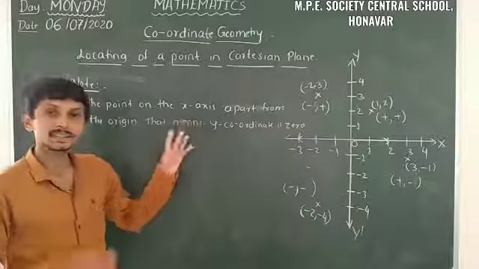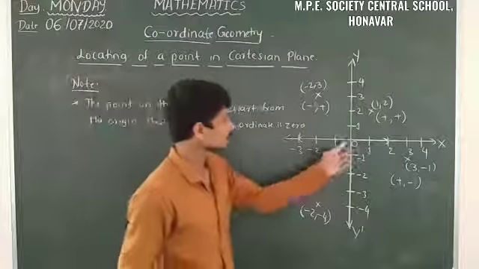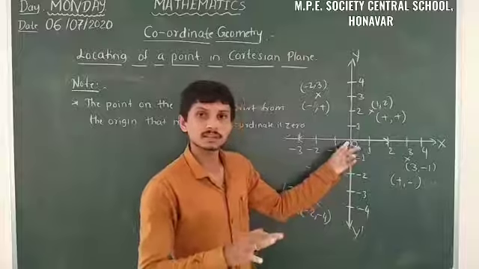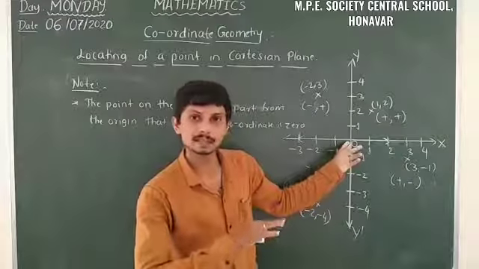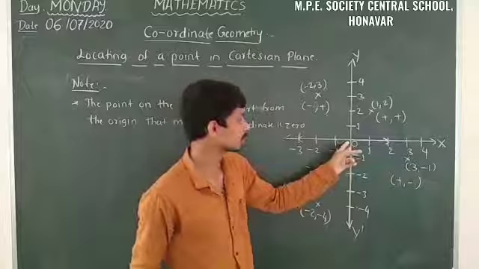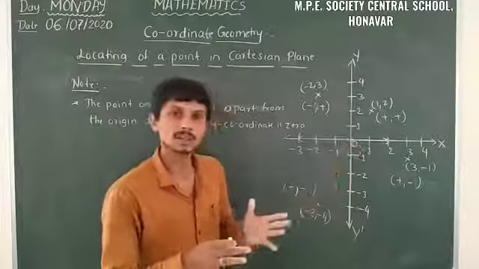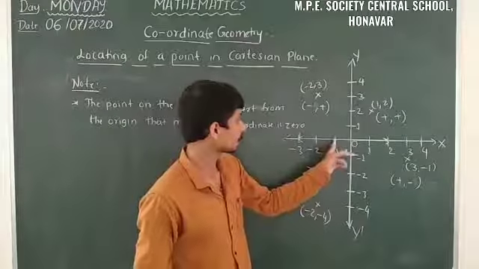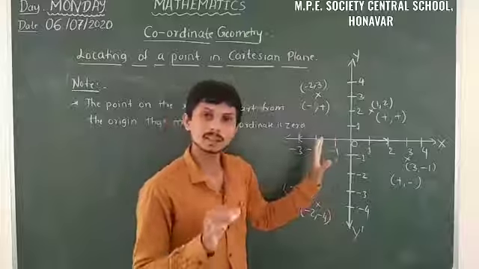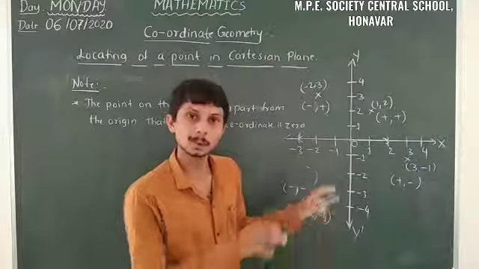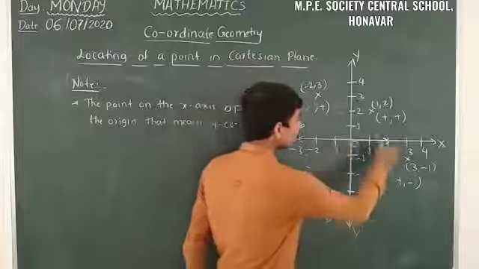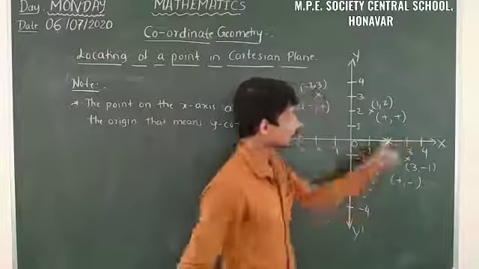The point on the x-axis apart from the origin, so we can't take the point at the origin. A point at the origin means the x coordinate is also 0 and the y coordinate is also 0. So apart from the origin I will take any other point, here -1, -2, -3 on the x-axis only. So we have to locate the point on the x-axis apart from the origin. Consider this point.